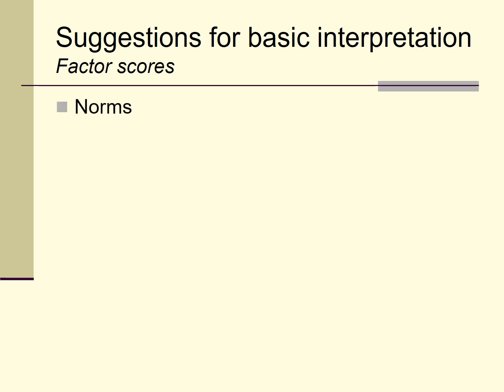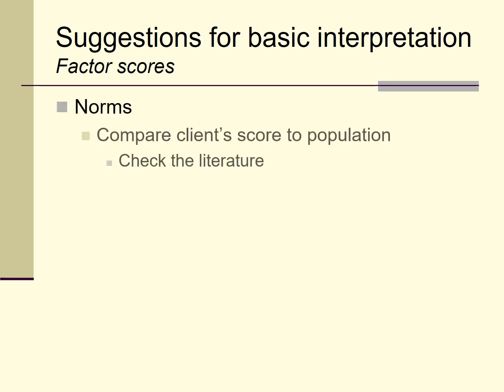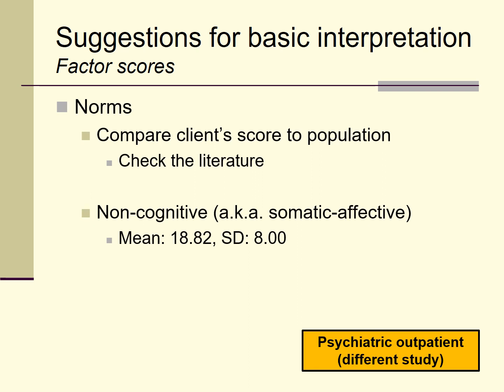Certainly you can compare people's scores to the appropriate norm. So you can compare a client score to a population. There's plenty of literature on this. Some of it is published. I'll actually try and link to it on Blackboard for those of you who are interested. In a psychiatric outpatient population, there are some published norms for the somatic affective factor and the cognitive factor.